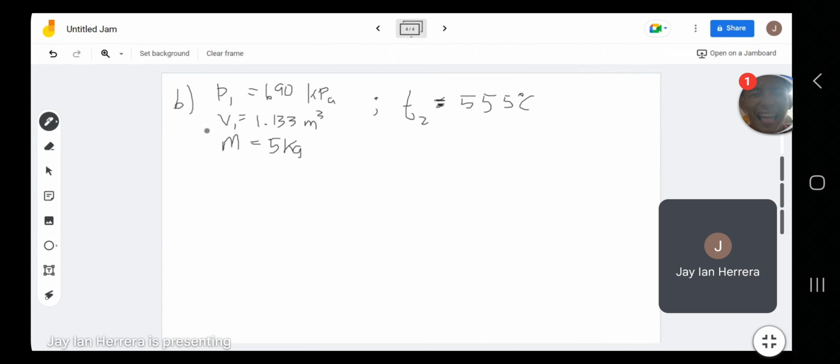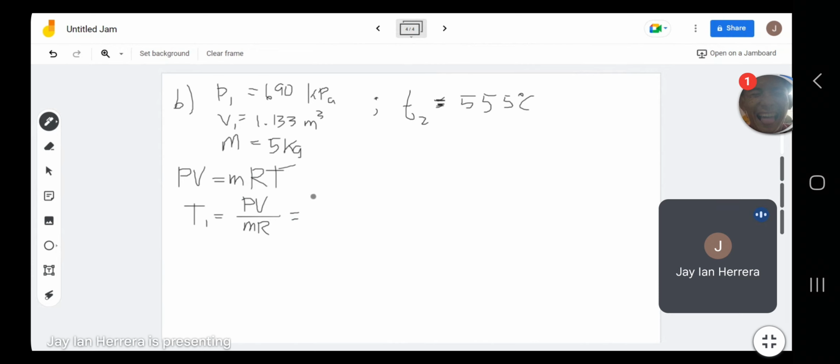Ayun. So let's get the temperature one sa ating first state. So ating formula that is PV equals MRT. Therefore temperature T1 will be equivalent to PV all over MR. Diretso na natin.